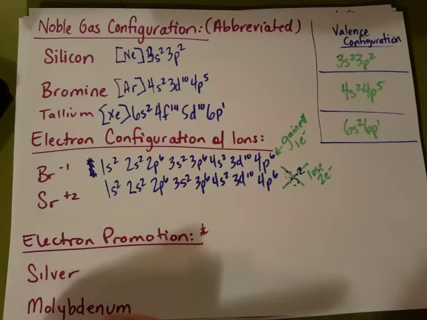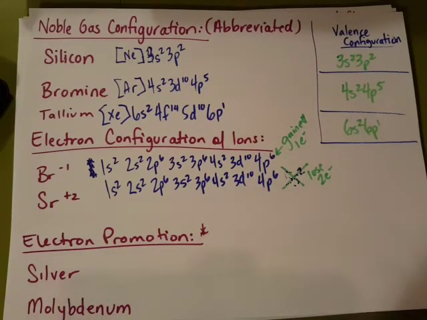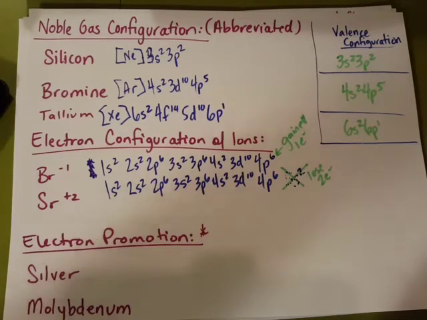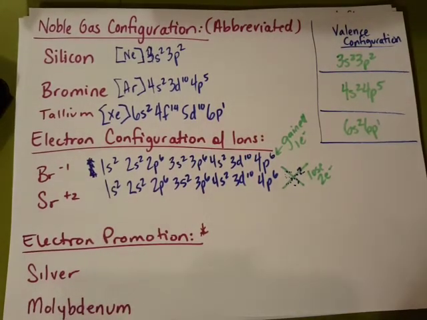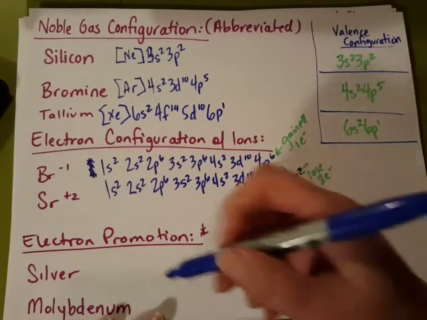The last thing that I want to definitely include is your exceptions to the rules. Of course, those transition metals are going to give us a hard time. So I want to take a look at silver, and we can use the abbreviated form for silver.